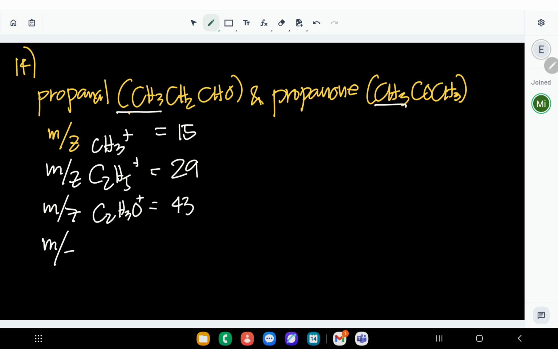And then for the molecular ion of propanone, we can just get the molar mass of propanone, which is 58.